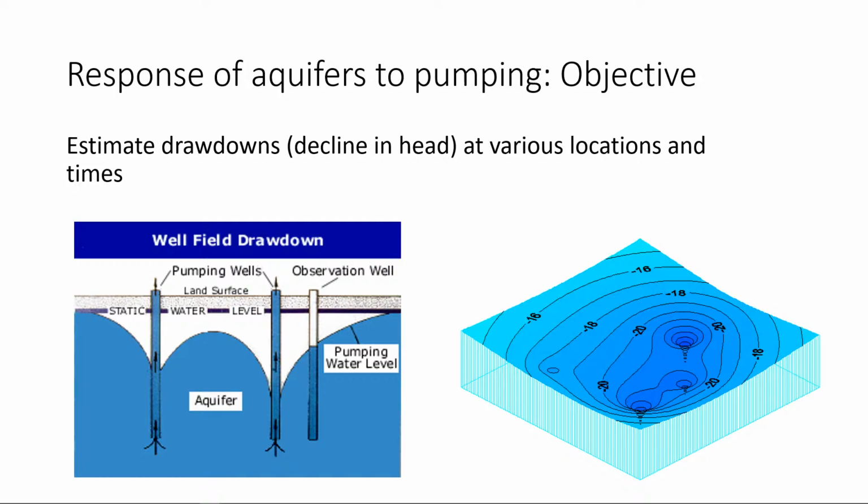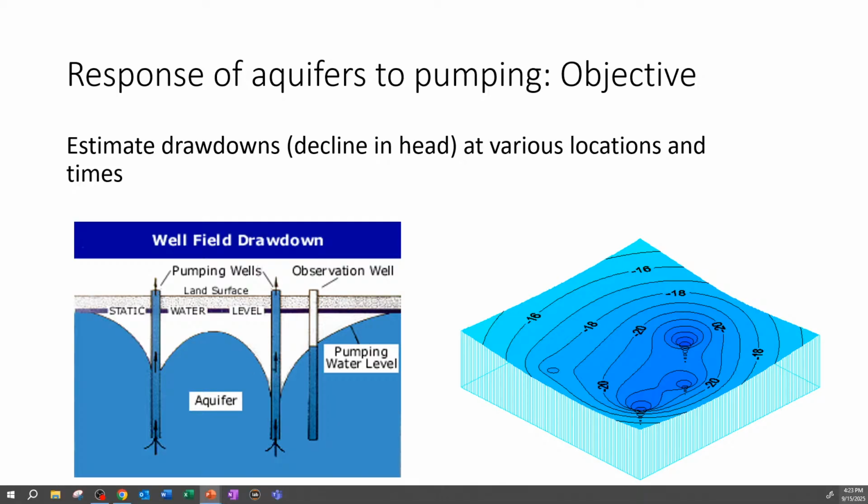So here, aquifer response to pumping. What is the objective here? The objective here is to estimate drawdown, the decline in hydraulic head, at various locations and times.